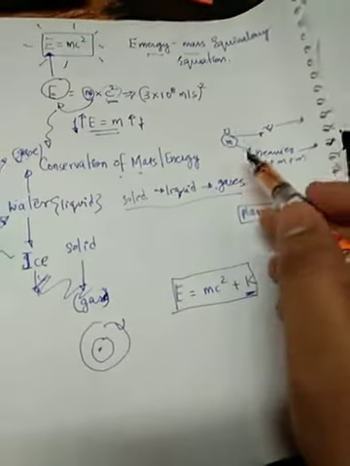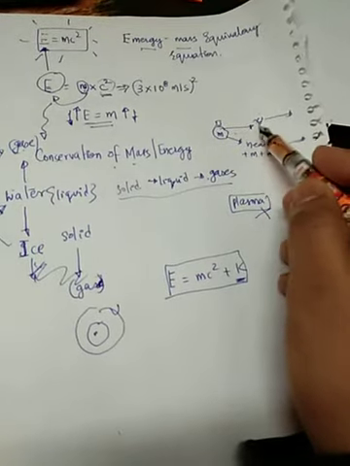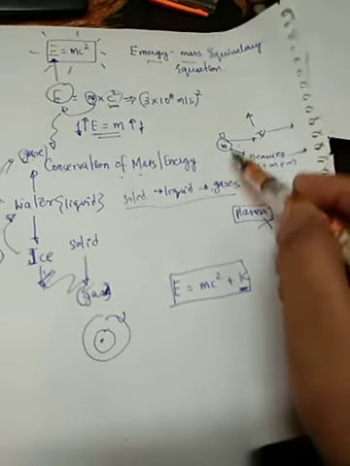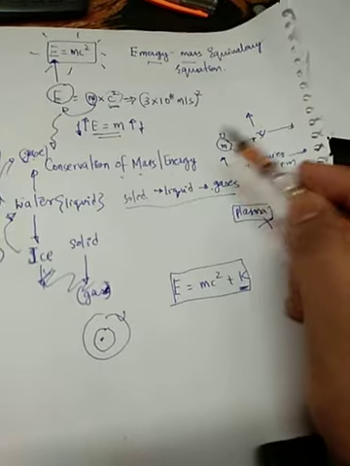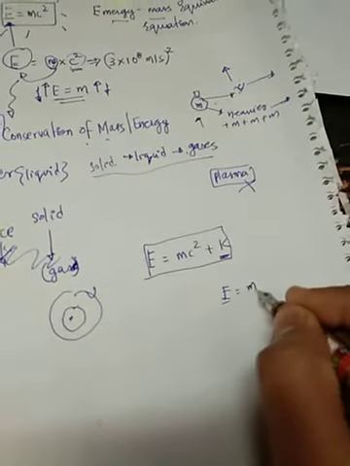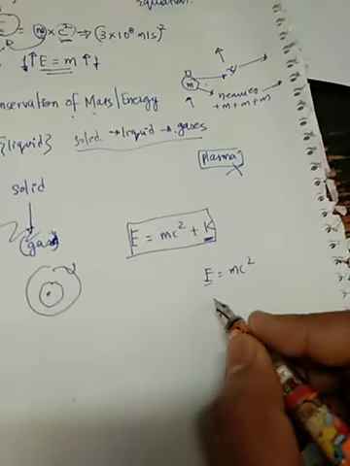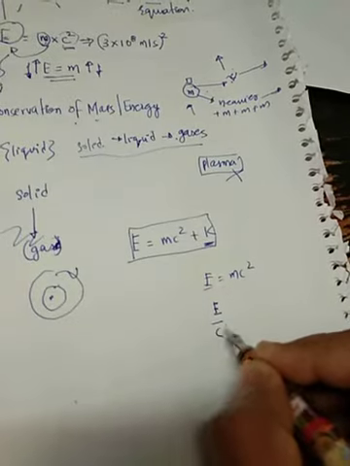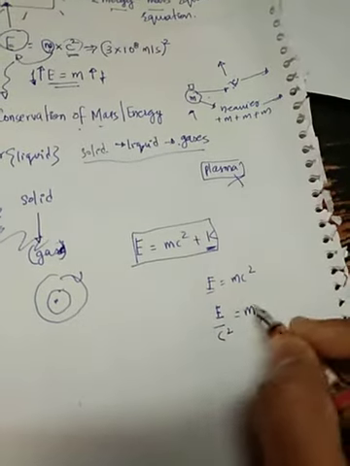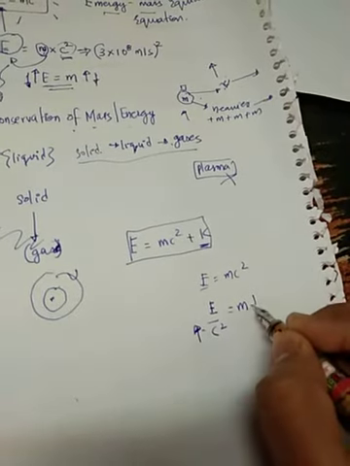If I theorize this, as I told you, if you increase the velocity, your mass is going to be increased, it's going to be heavier. But if you see this equation, it is actually contradicted. E equals mc squared, but when you rearrange this, you get E by c squared equals m. And if you increase the speed of light here, your mass is going to decrease.